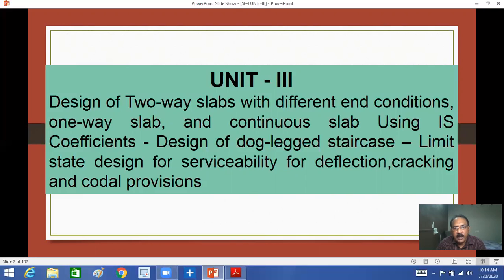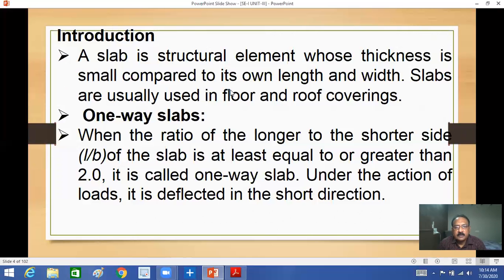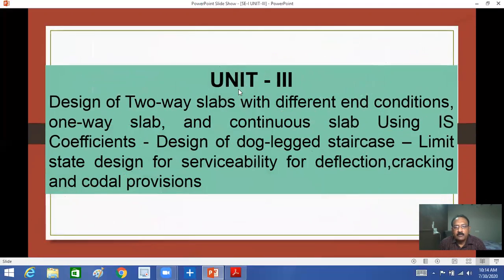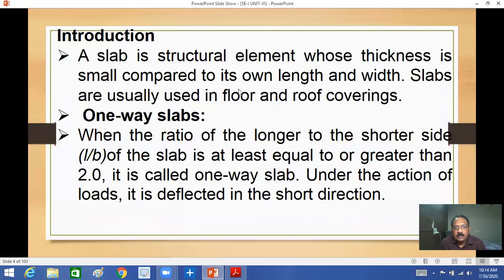See, what is a slab? What is the minimum thickness of the slab? Generally there are two types of slabs: one-way slabs and two-way slabs. In this first lecture, introduction: a slab is a structural element whose thickness is small compared to its length and width.